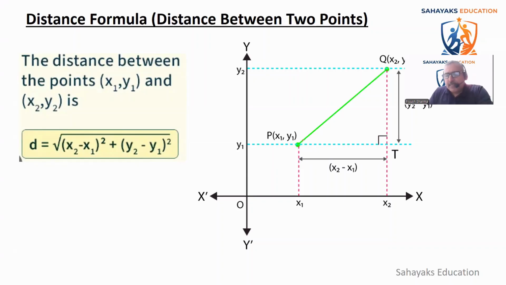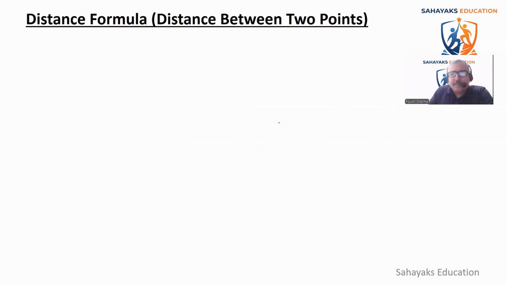See, say there are 2 points. There is one point here and there is another point here. Say this point is (x2, y2) and this point is (x1, y1).